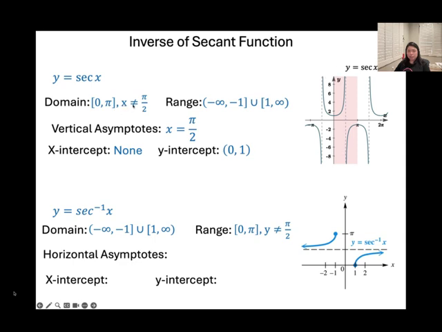So the domain will be x cannot be equal to pi over 2. Right now, it becomes the range. So it will become y cannot be equal to pi over 2 here. Horizontal asymptote, y equal to pi over 2. X-intercept, we do have 1, 0. Y-intercept, none.